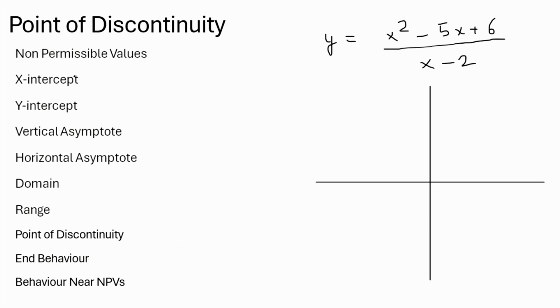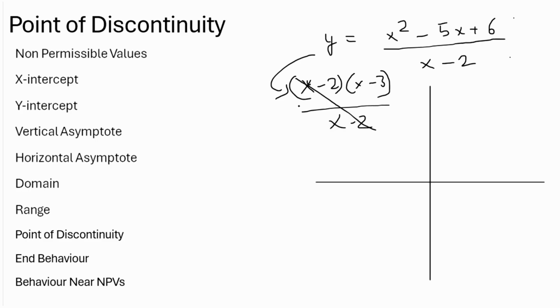So that leads us to our next section, point of discontinuity. With point of discontinuity, it's when you factor and when two things are dividing, one of the factors cancel out. Okay, so this factors out to be x minus 2, x minus 3 over x minus 2.